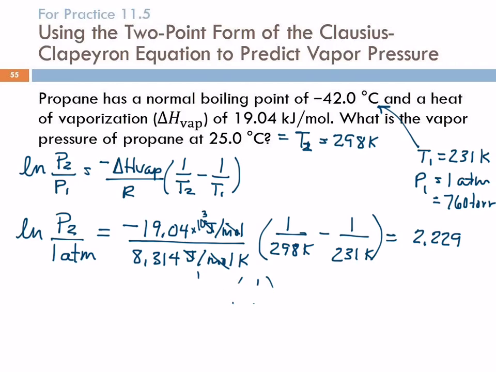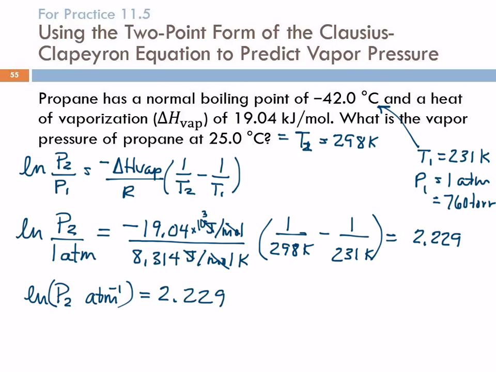That quantity there is unitless. So I have the natural log of P2, and the unit there, I guess, would be per atmosphere, is equal to 2.229.